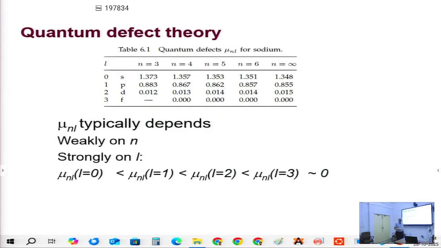And the virtue of this is that you can work out the quantum defect for, say, these three levels. You can predict this one, and then you can say what the spectral line associated with, say, n=6 is, on the basis of knowing what the other quantum defects are, simply by using the Rydberg formula.